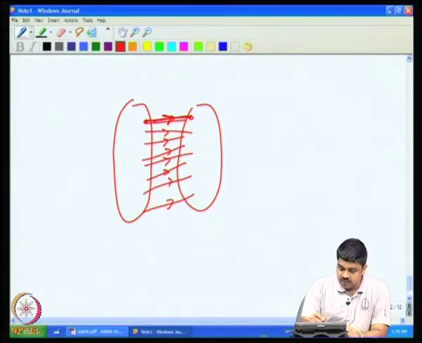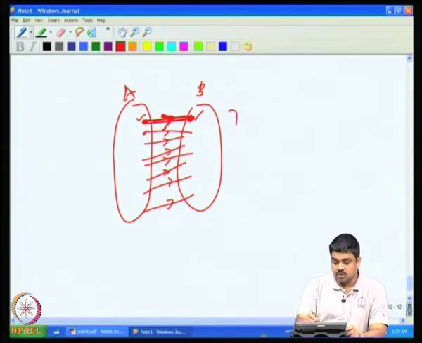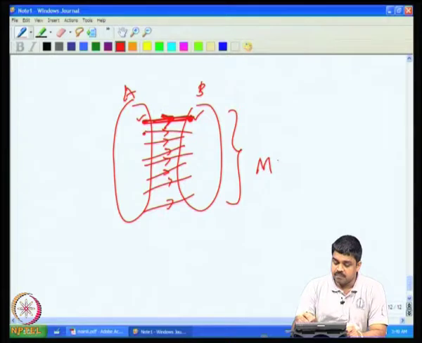Now you see that every edge is oriented from the A side to the B side. So once you reach the B side, there is no coming back to the A side. So every directed path has to contain at most 2 vertices, 1 or 2 vertices, that is it. Now if you ask for this bipartite graph, what is the cardinality of the minimum directed path cover?